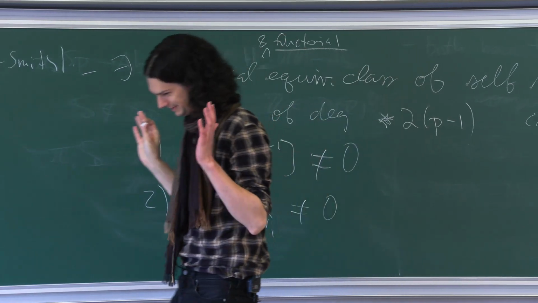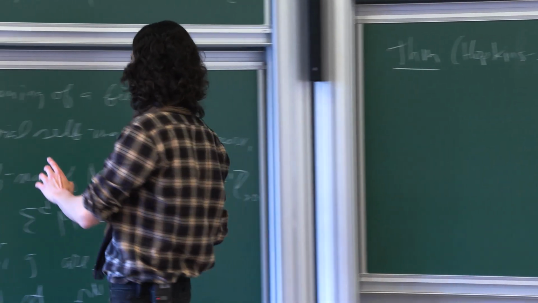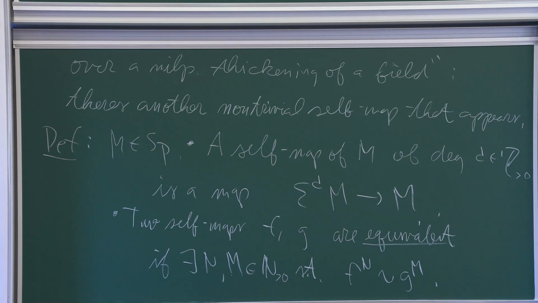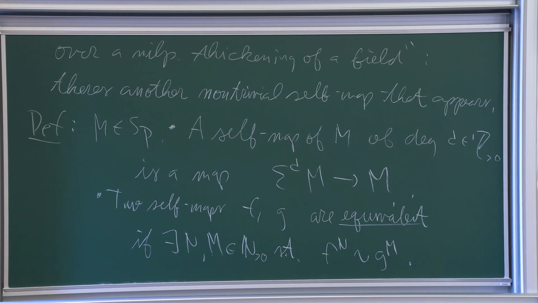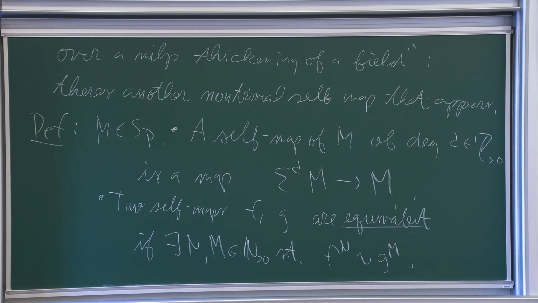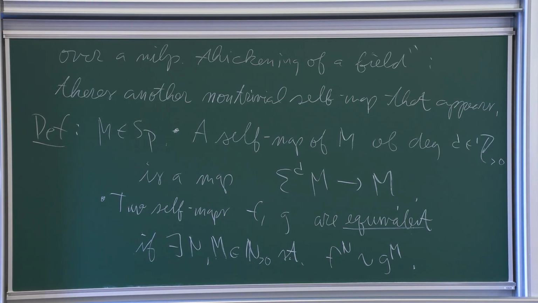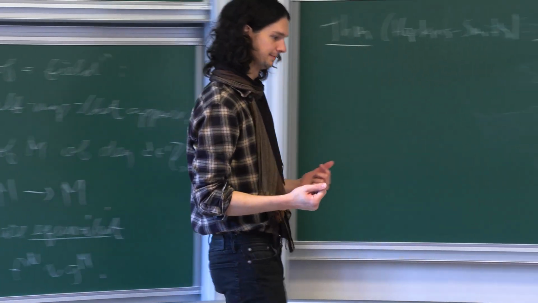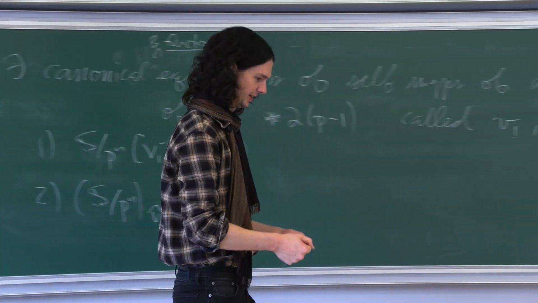So functorial: if you have two self-maps of the same degree, of m and n, and you have a map from m to n, it's clear what it would mean for the map from m to n to commute with these two self-maps up to homotopy. You just write down the commutative diagram.